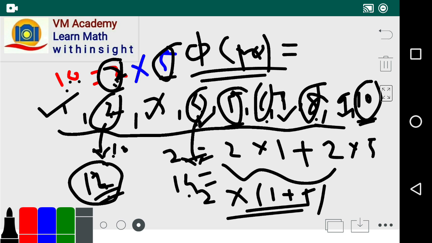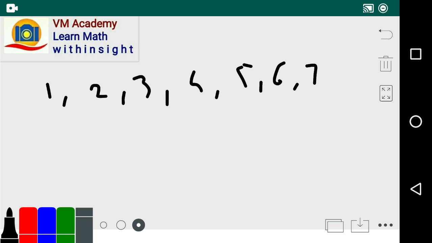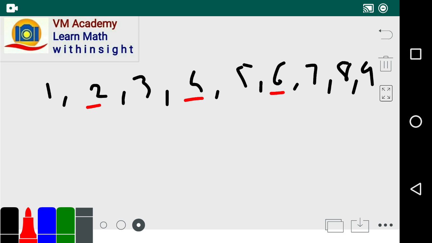Similarly friends, all these numbers, when we add 10 to them, we get the next set of numbers. Consider 2, 4, 6, 8 and also 5.